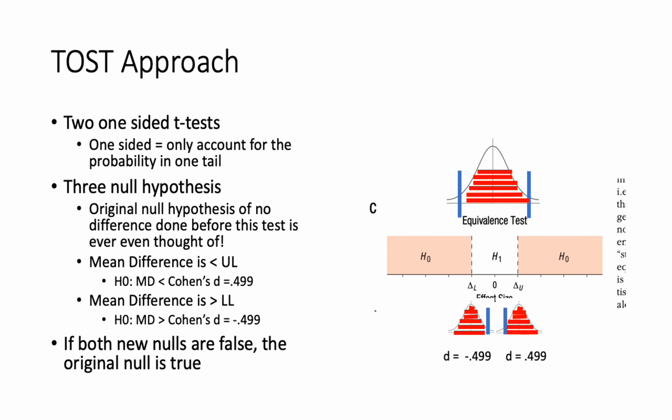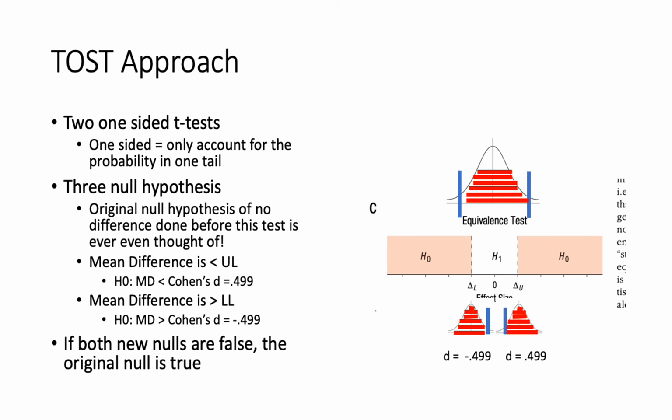Well, H0 would be our null hypothesis. And our null hypothesis for both TOST tests is essentially that our observed mean difference is larger than the mean difference predicted from our cutoff Cohen's d.